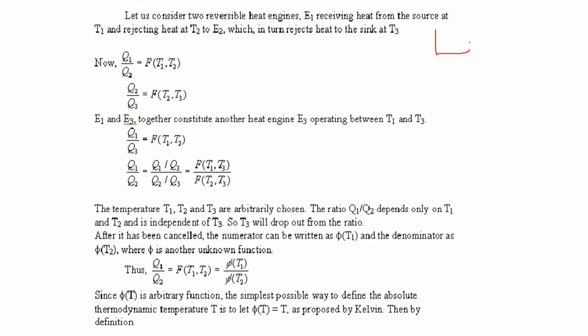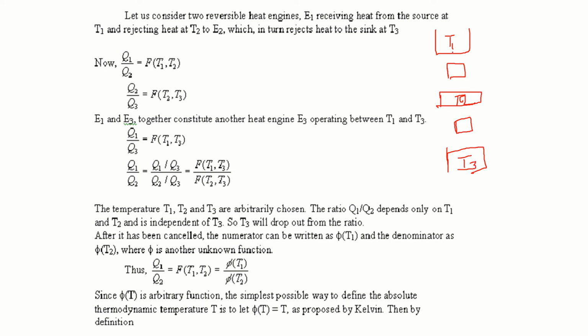You have a source here, then another temperature, another heat source. There is a heat engine, and another heat engine. Let us say this temperature is T1, this temperature is T2, and this temperature is T3.